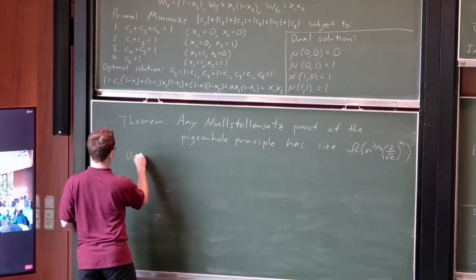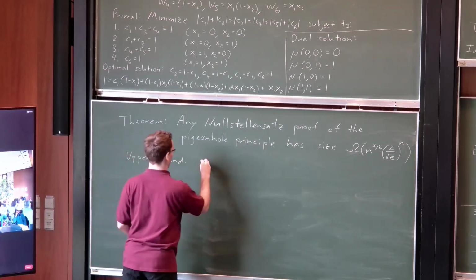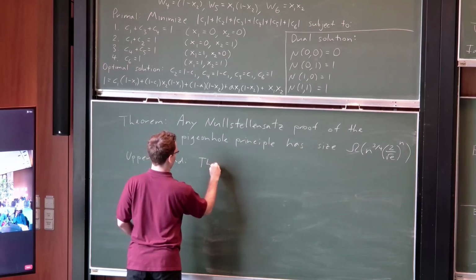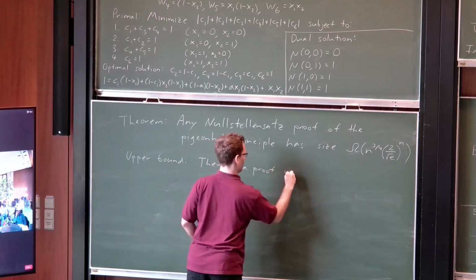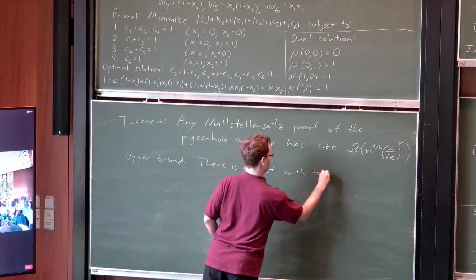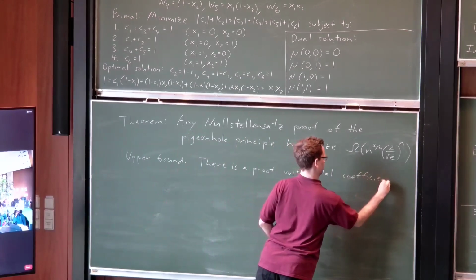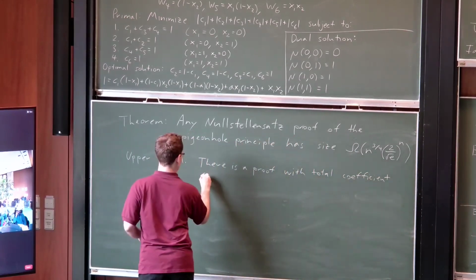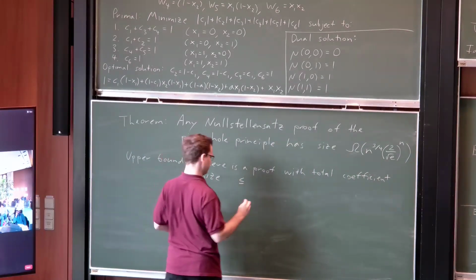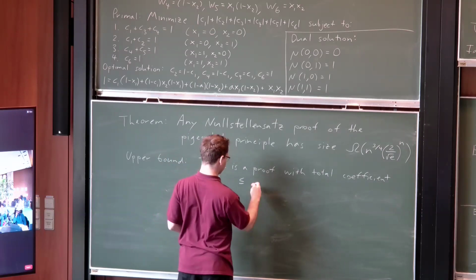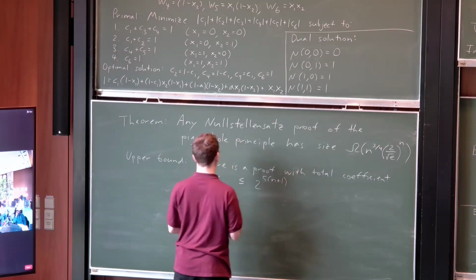We also give an upper bound: there is a proof with total coefficient size at most 2 to the 5 times n plus 1.